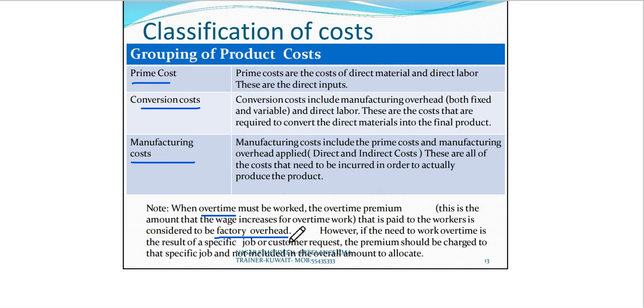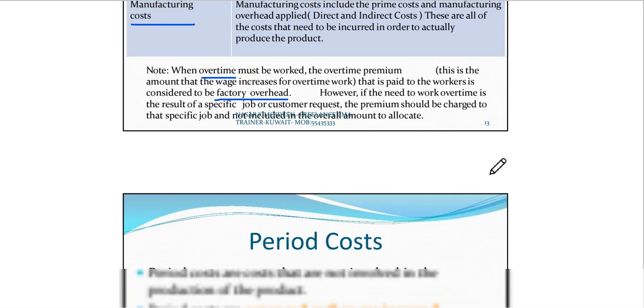In that case, the cost of the labor is not considered as overhead, but it is a direct cost, because it is directly attributable to that particular special order. So if it is in the normal course of business, it will be considered as an overhead, but in this special circumstance, it will be considered as the cost of labor only.